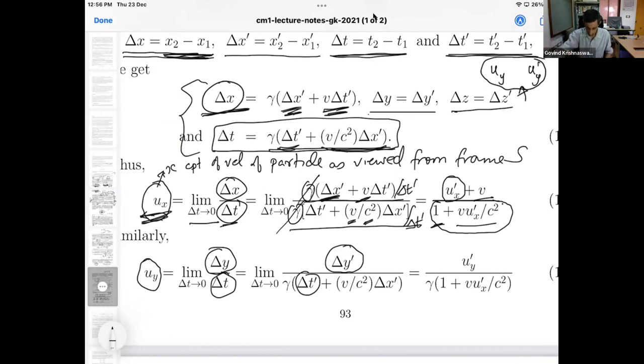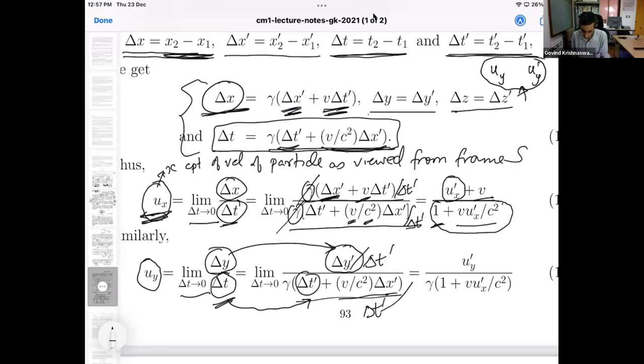It's given by this difference quotient, limit delta y by delta t. For delta y, we simply substitute delta y prime, that is unchanged. For delta t, we substitute gamma times delta t prime plus v delta x prime upon c squared. Now we take the limit, we divide by delta t prime, numerator and denominator.